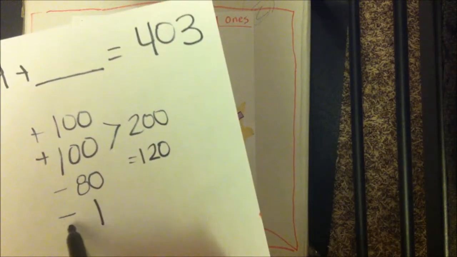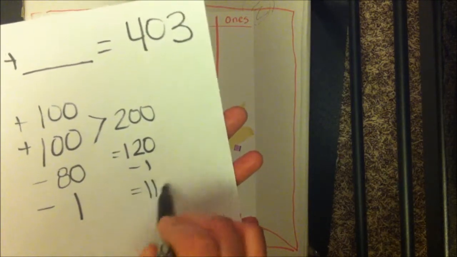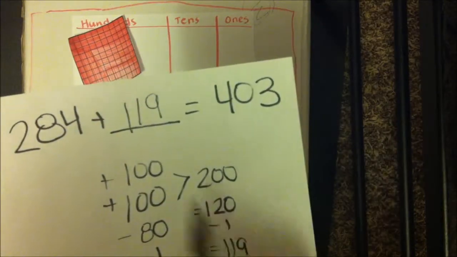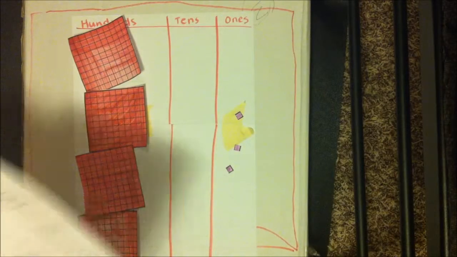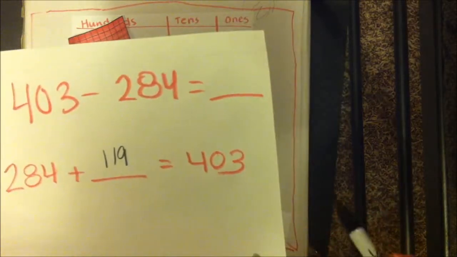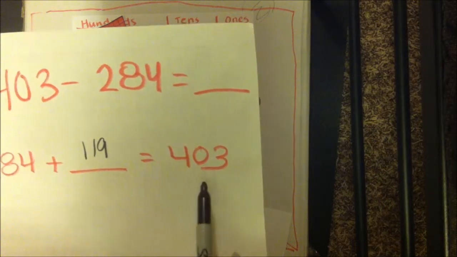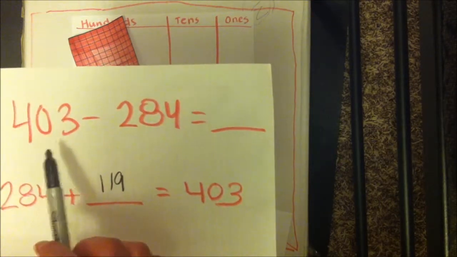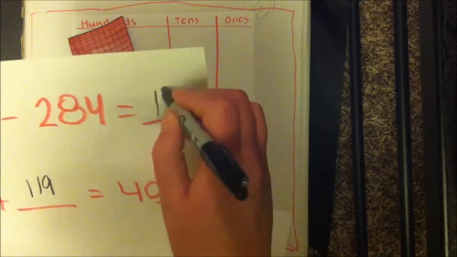And then we still need to minus one more. 120 minus 1 equals 119. Now we know our answer here is 119. And if we go back to our original equation, we can put 119 in there. And again, because it's a fact family, 284 plus 119 equals 403. Well, 403 minus 284 equals 119.